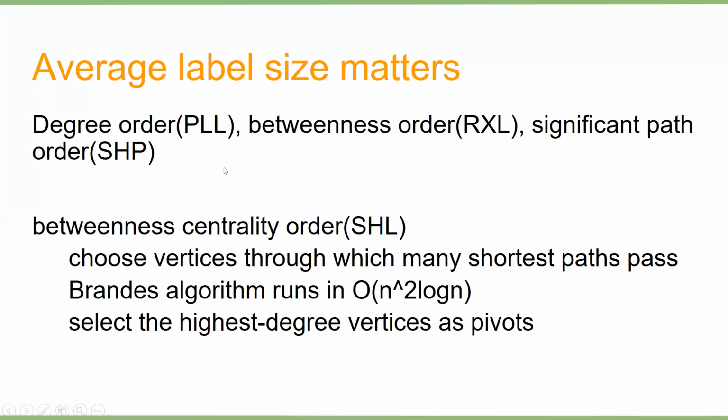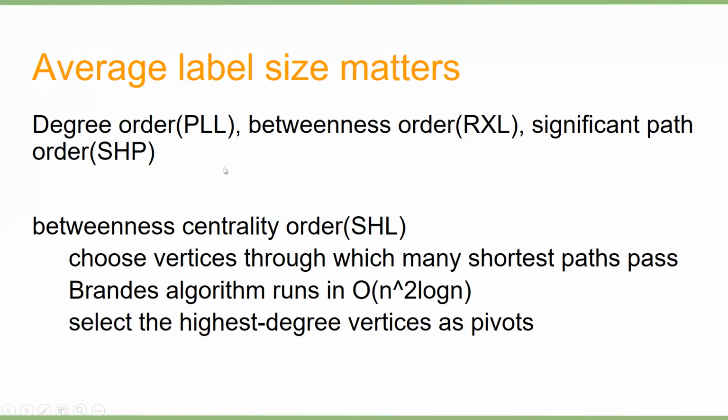The idea is similar to betweenness order. The difference is that RXL assumes each pair of vertices has the same importance. But we think if a pair of vertices is passed by many vertices, it shouldn't be that important.